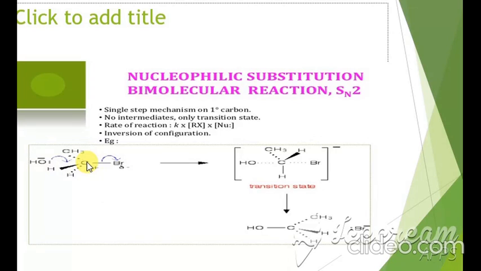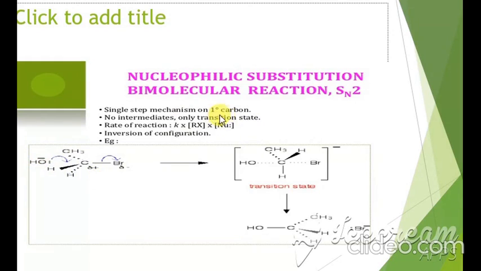Nucleophile and substrate. So there are two participants in the molecularity. The rate of the reaction depends upon both reactants, the nucleophile and the substrate. That's why its name is SN2 reaction, because the rate depends upon these two reactants, the nucleophile and the substrate. This is clear.